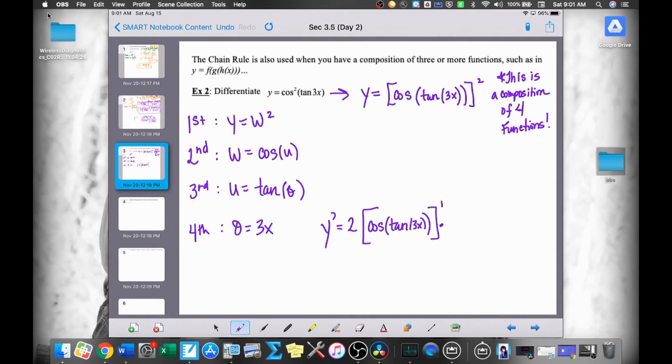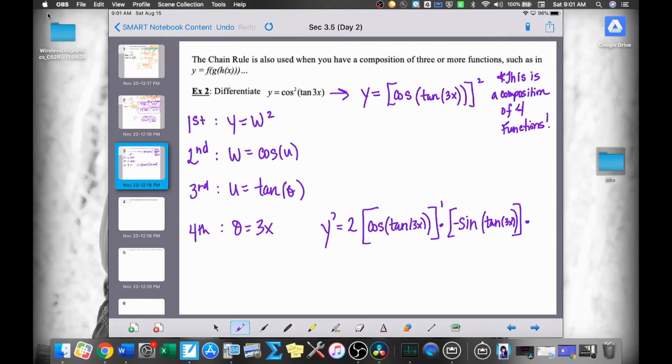Then we're going to multiply by the derivative of the next function, which is the derivative of cosine. The derivative of cosine is negative sine. So now we're multiplying by negative sine of what's inside. So negative sine of tangent of 3x.